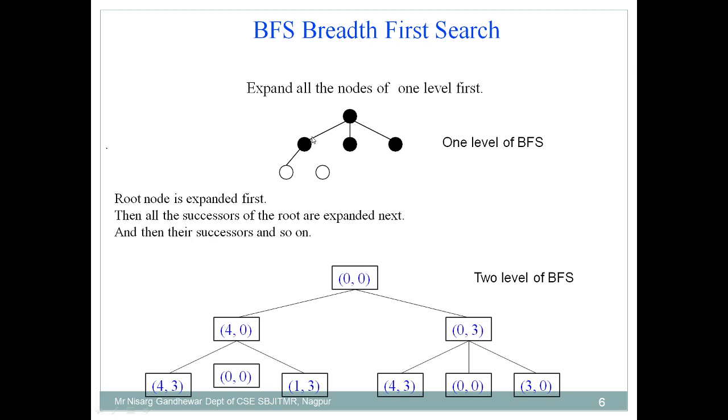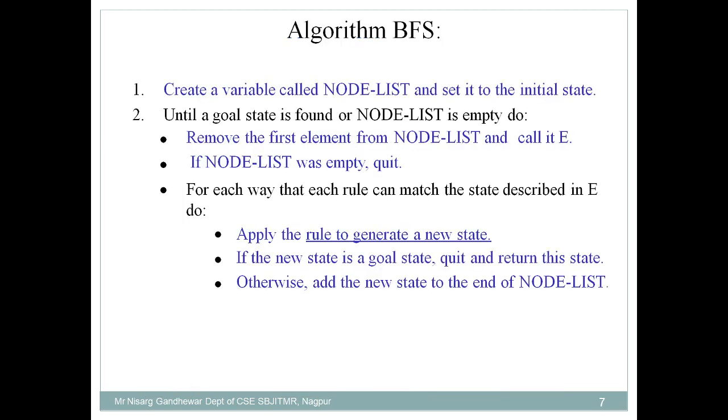Later on their successors are expanded; for this one only one successor is there, and if this one also has one, then it also gets visited. So this is one level of BFS, this is two levels of BFS. I hope you understand how BFS works and what the main intention is behind the breadth first search algorithm.